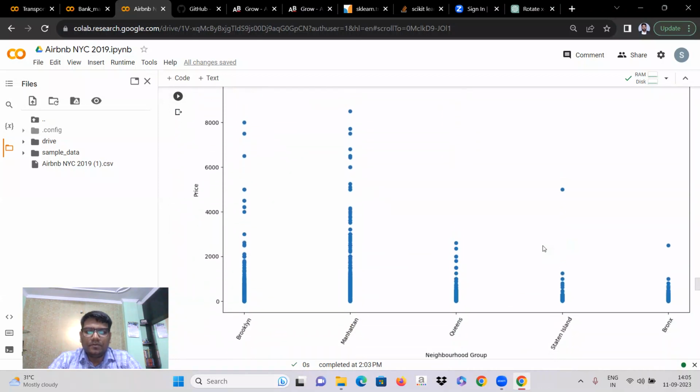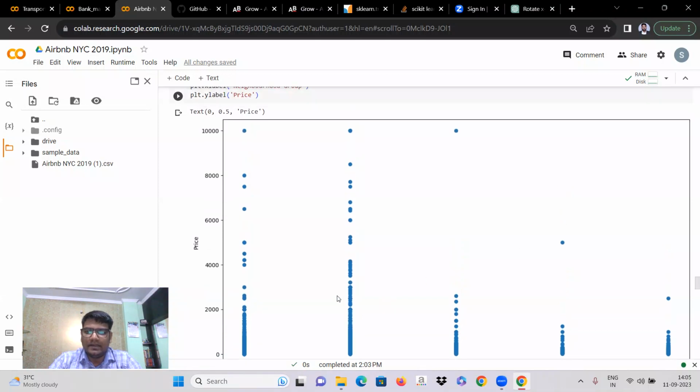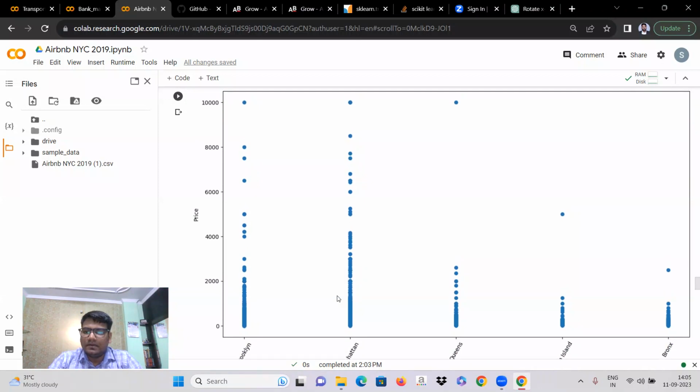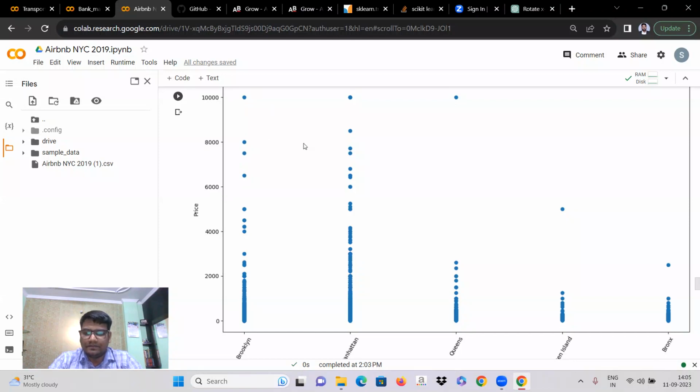Again, in the neighborhood group, Manhattan and Brooklyn are the places where most of the customers have stayed and paid a considerable amount. There are more customers who have paid more than $4,000, and on certain instances they have paid $10,000 as well.